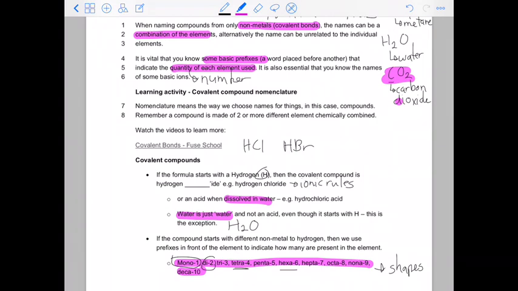For the first one, we have 1 carbon, so we don't have to add a prefix. For the oxygen, we have 2 of them, so we add the prefix for the number. If we only had 1 oxygen, we would call it carbon monoxide.